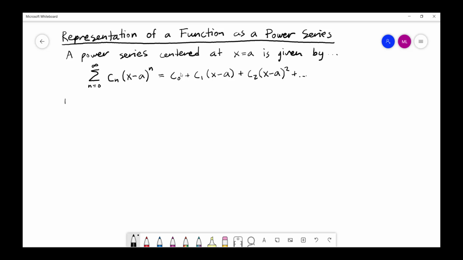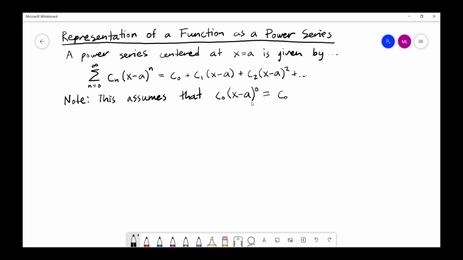And so let me just highlight that caveat I mentioned a minute ago here with a little note about the C0 term. So this assumes that C0 times x minus a to the 0 will be equal to C0.